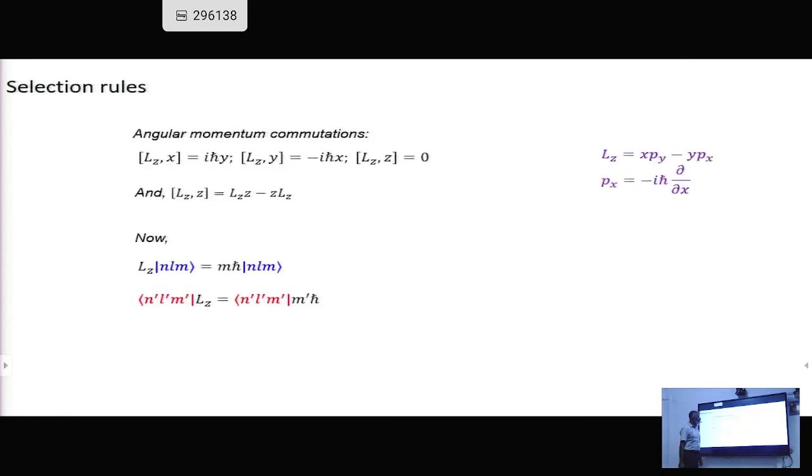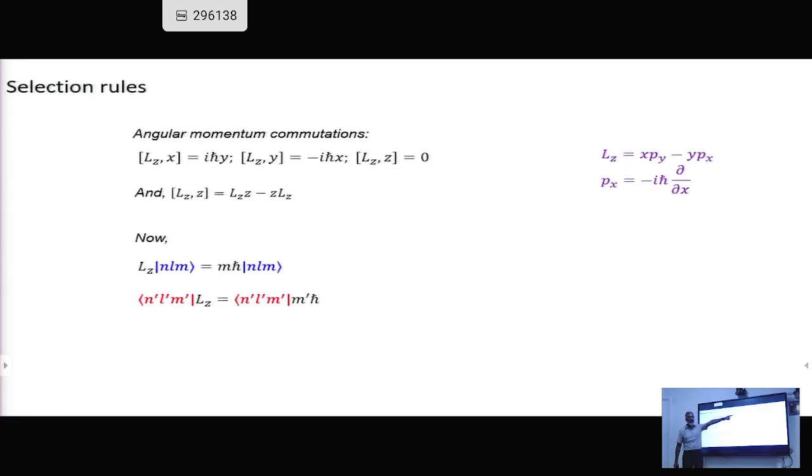Now I can do some simple working with this. If you look at the commutation relations you already know, x, y is minus, and z is equal to 0.